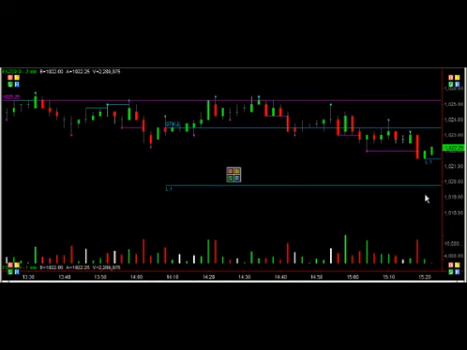So let's see how this turns out. Okay, just got that one lot filled. Came down here, I moved it up one tick above here, so we have one bonus filled, so I have one bonus left. So let's see how price acts around here.